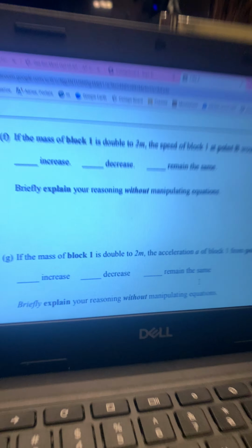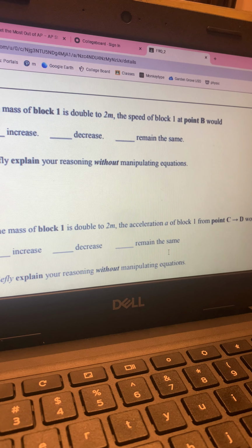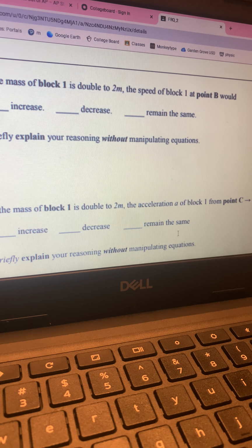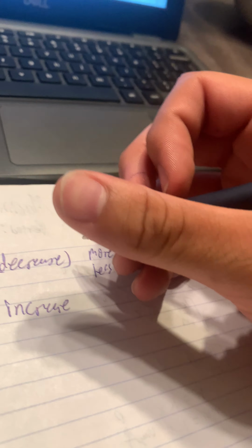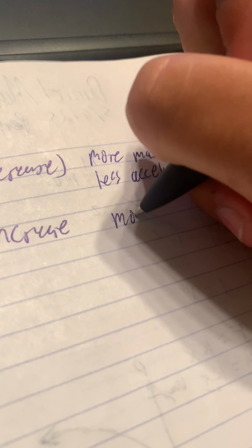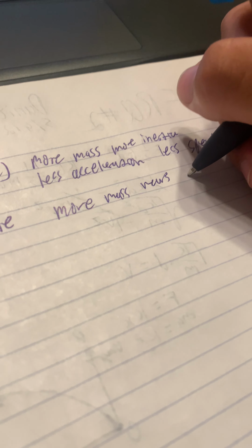For part G, it says if the mass of block 1 is doubled, the acceleration a of block 1 from point C to D would increase. And we know this because more mass means a greater normal force.